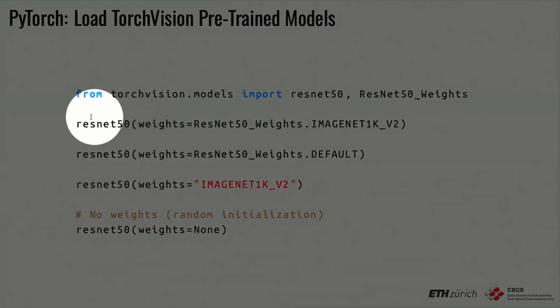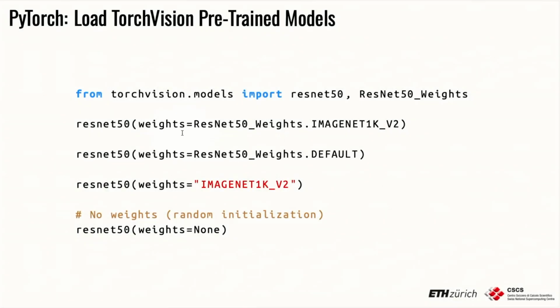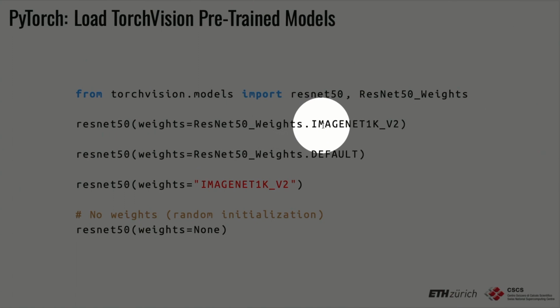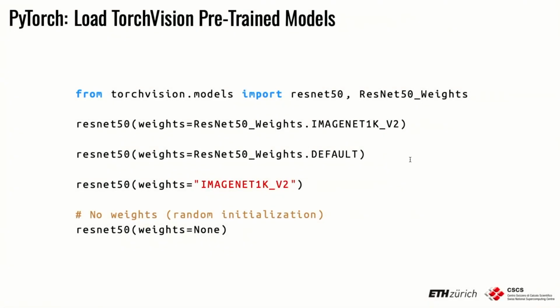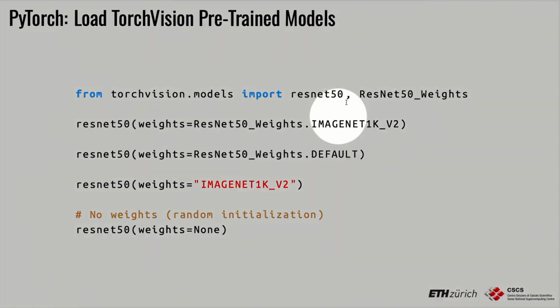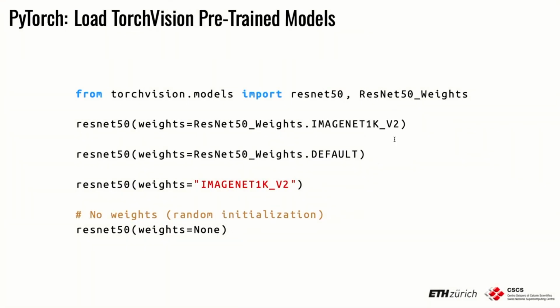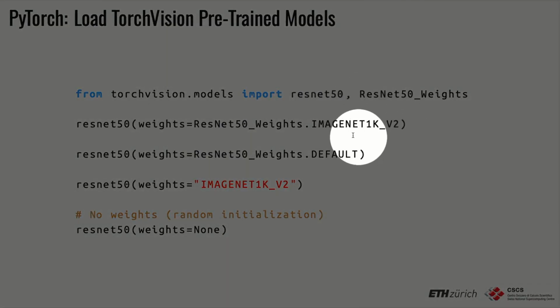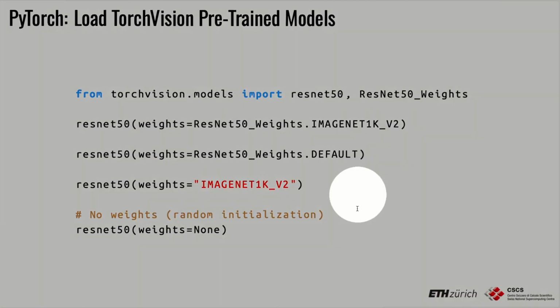And then you can import it with pre-trained weights. So you can set the weights parameter to whatever weights you want. For example, this is the ImageNet 1K version 2. So it's the version 2 of the pre-trained network on ImageNet with 1,000 classes.